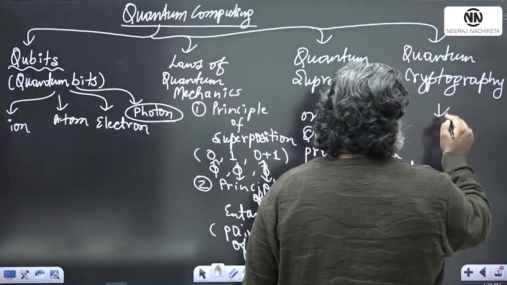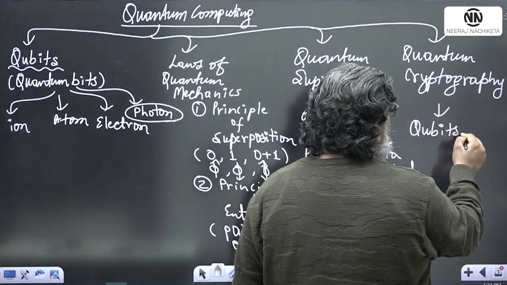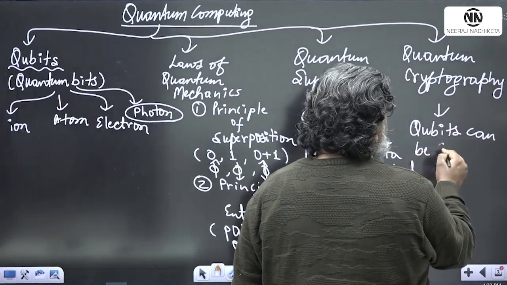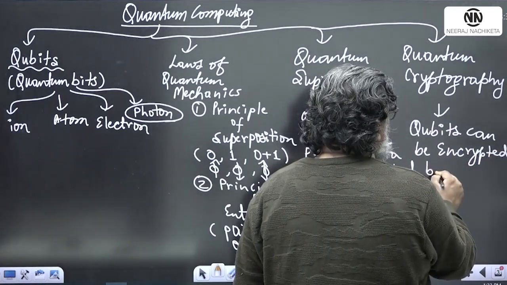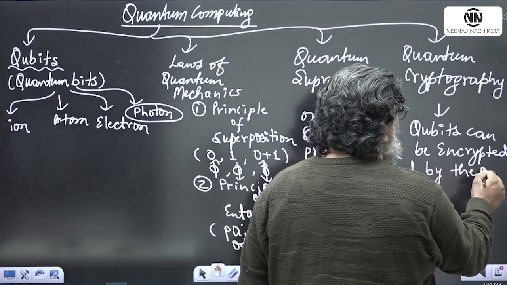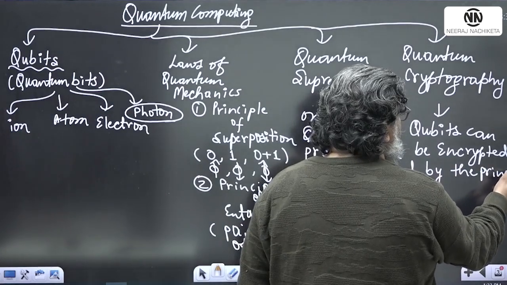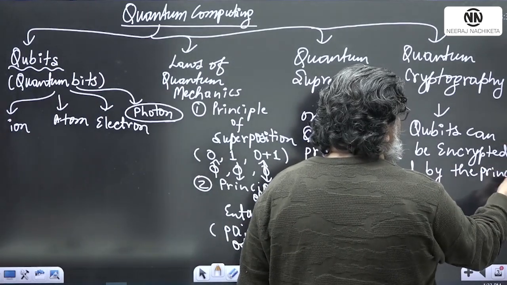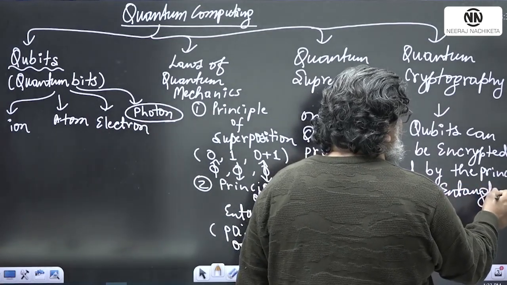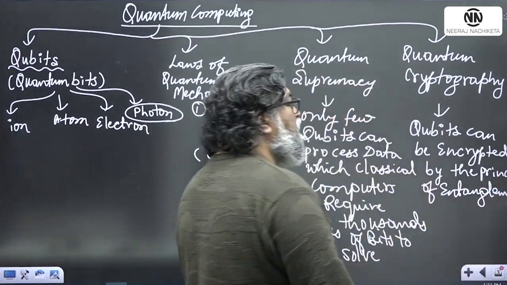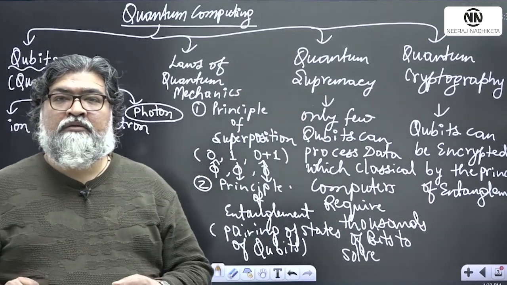Quantum cryptography means that qubits can be encrypted by using the principle of entanglement, pairing together, encoded. Let's say key, password and key.